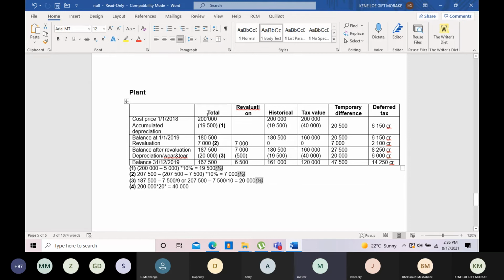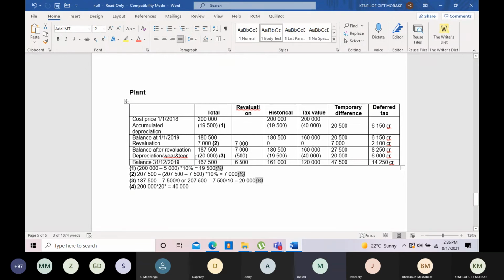Let's use the totals minus the tax value. When we arrive at this point of revaluation, when we are dealing with the revaluation space here, we need to focus on the totals. The 7,000 minus 0 is equal to 7,000, right?